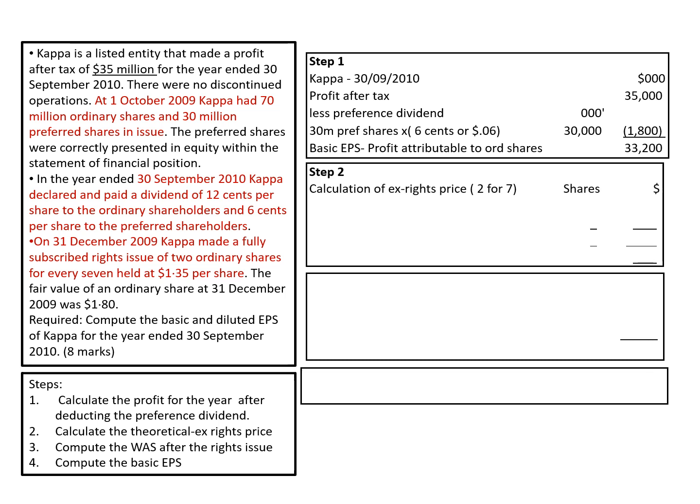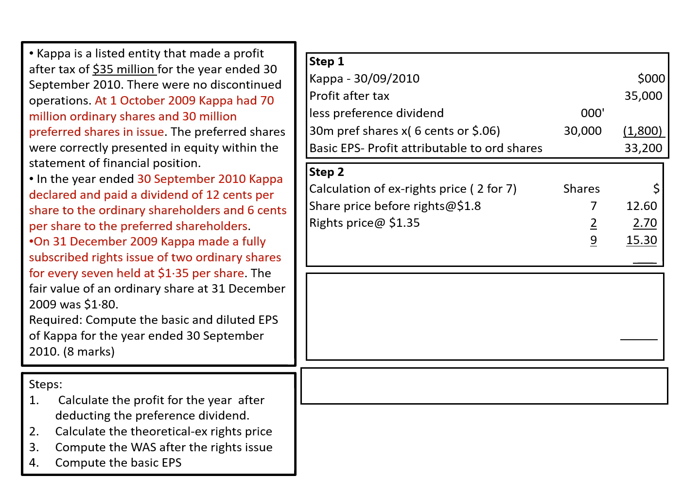Step 2, calculate the theoretical ex-rights price. So the share price before the rights issue was $1.80, and there were 7 shares, so that works out at $12.60. The rights price was $1.35, and there are 2 of them, so that works out at $2.70.